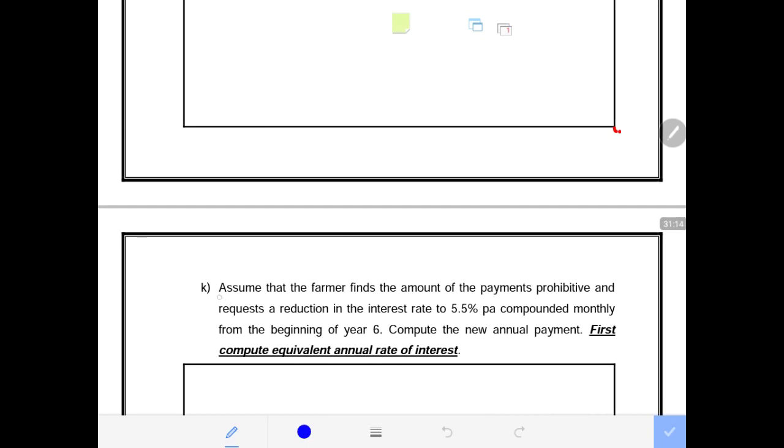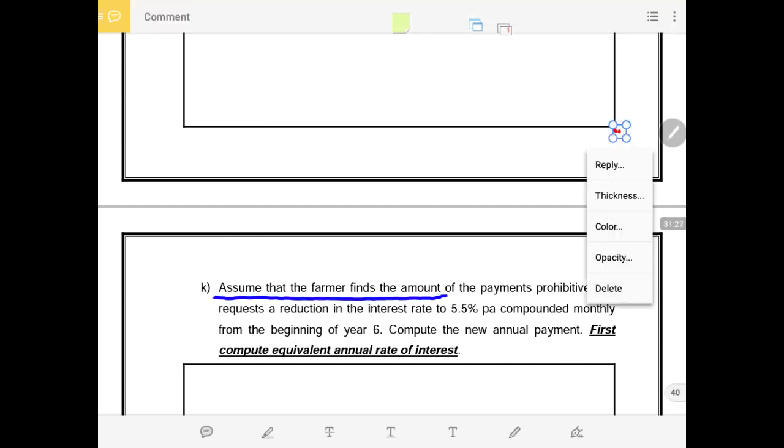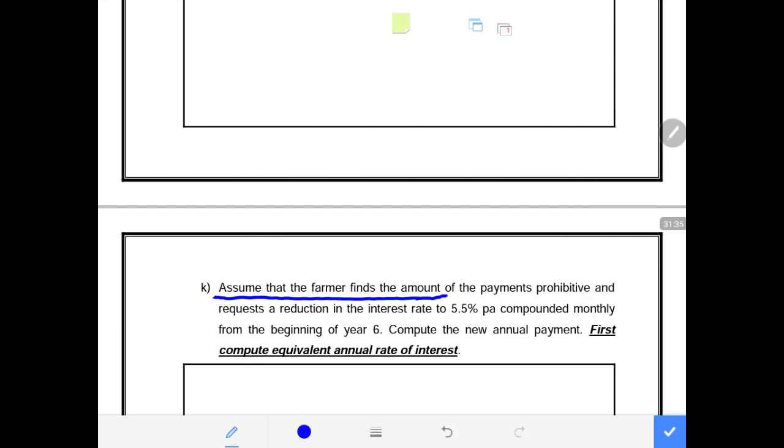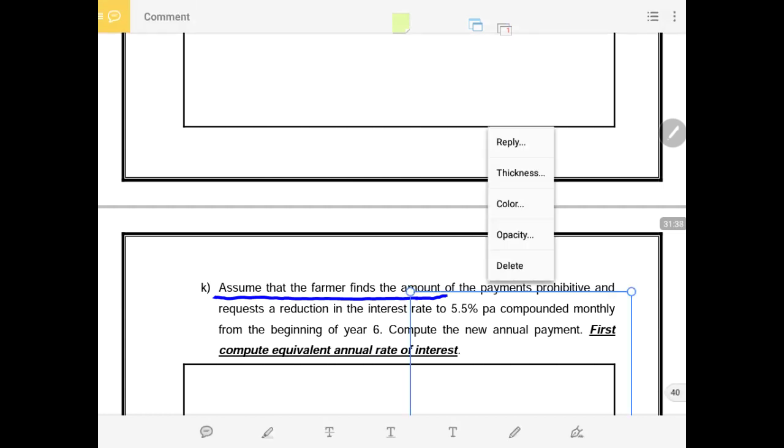K says, assume that the farmer finds the amount of the payments prohibitive, and we can say that they are really prohibitive because they skyrocketed to 716,090 rand from 390 something thousand, because of only the 2 years that payments were missed.